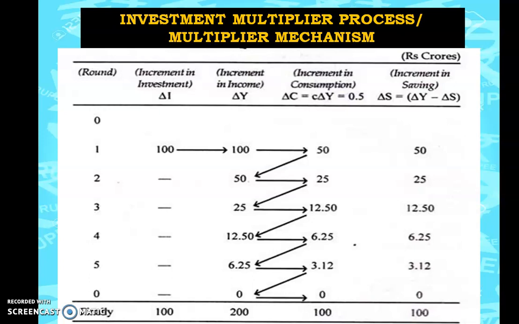Usually what happens, when demand is there, people are ready to spend, the production is going to increase, employment is going to increase, income is going to increase, growth is going to take place. Vice versa, if it happens, obviously we will be slowly pushed into recession.